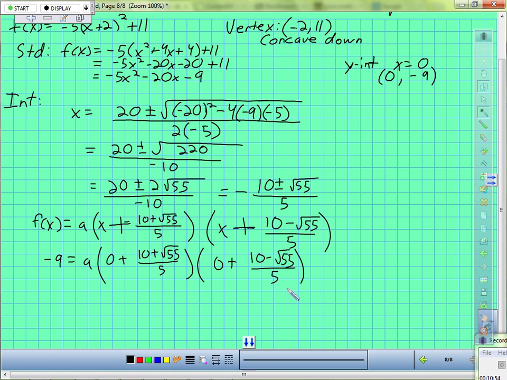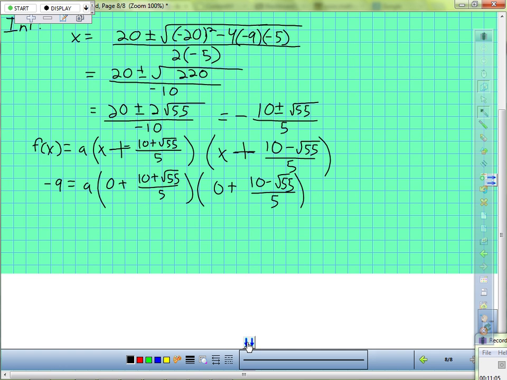All right, and at this point, I'm going to scoot this up just so I don't have to bend over. I'm just going to solve. So I've got -9 is equal to 10 plus radical 55 times 10 minus radical 55. And I multiply, so this is going to be over 25. And I just want to do that because it makes my life a little easier. I'm just going to start moving through -9 times 25.